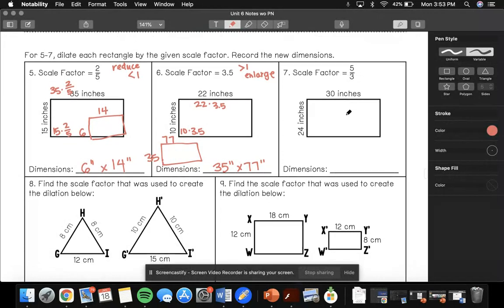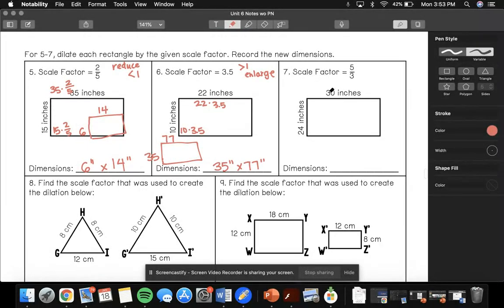Okay, number 7, we have a 24-inch by a 30-inch rectangle, and we want to dilate this by a scale factor of 5/3. Again, if I just notice this number is larger than 1, so it should enlarge the rectangle. Okay, so I'm going to multiply 24 times 5/3, and I get 40.